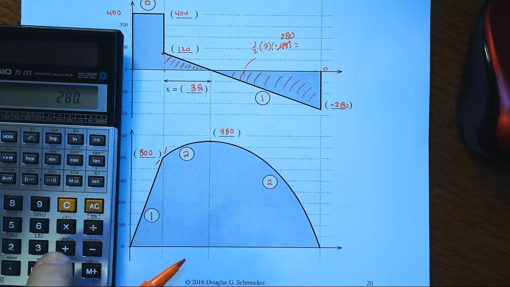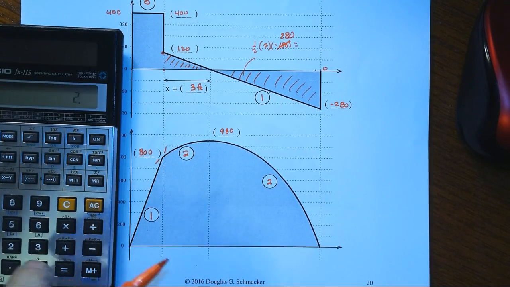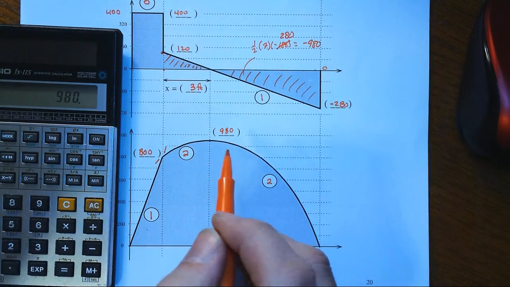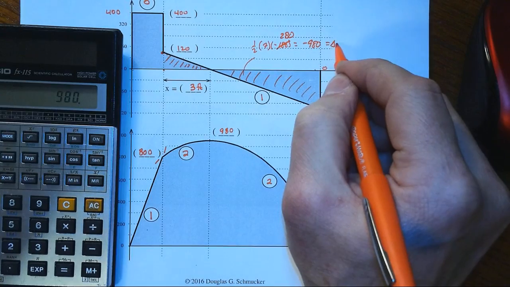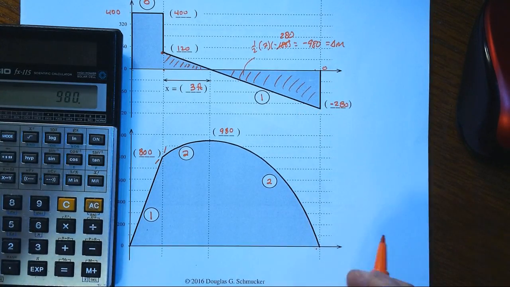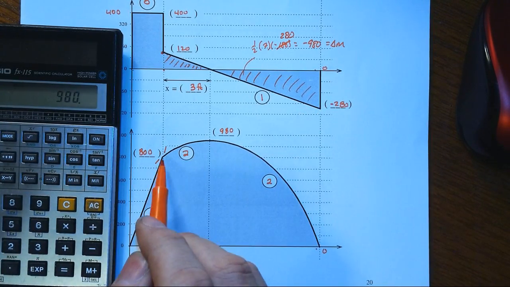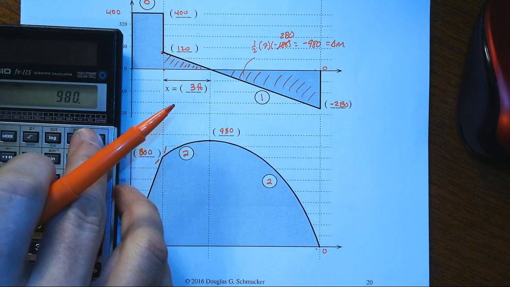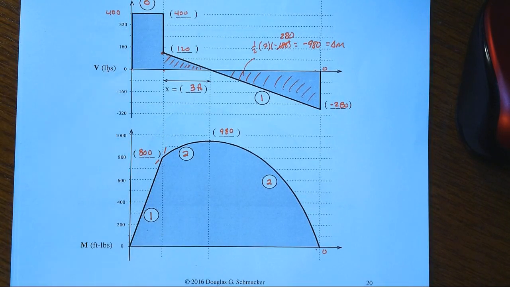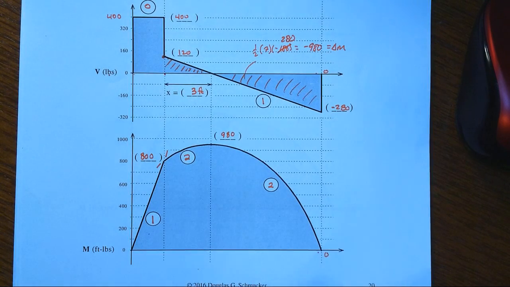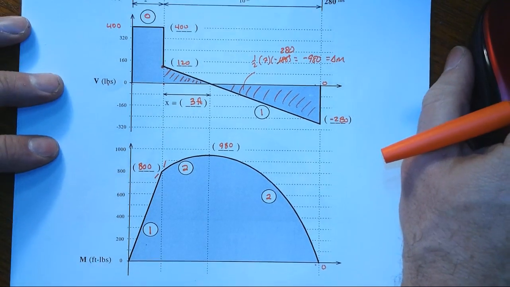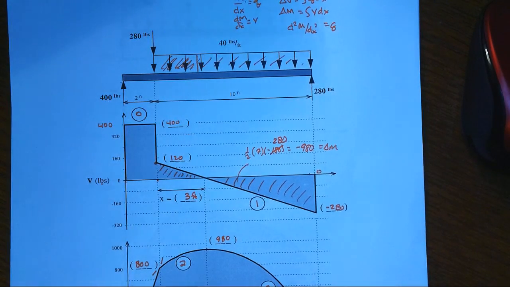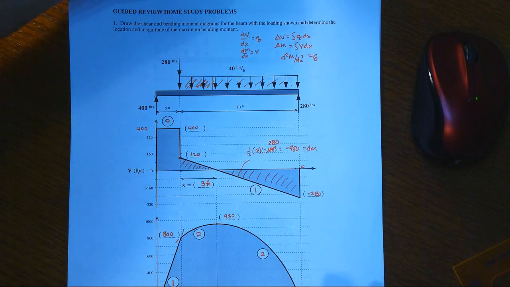All right, 280 times 7 divided by 2. There's your minus 980. That's the delta M from this point to that point, closing off to 0. Again, we have a nice, smooth, continuous curve. And that little play-by-play was just to give you a sense of how to check all these things and what you should be aware of to make sure you've got the right kinds of things going on.